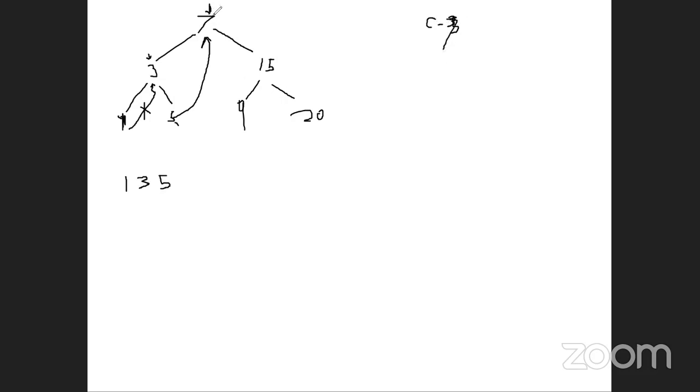So again, this process will start. 7 will go to 3, 3 will go to 5, 5 will go to its right, and 7 matches. So it's the time where I can break this link and print 7, and I'm done with this left side. And now my current will become 15.